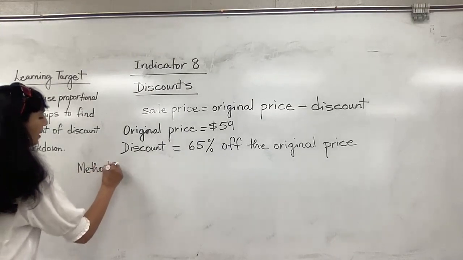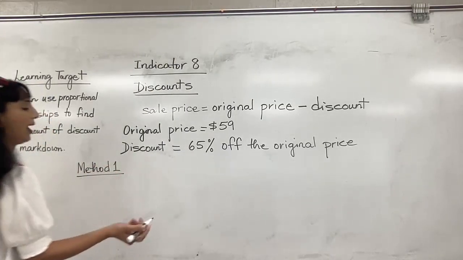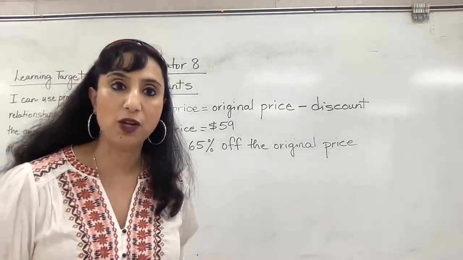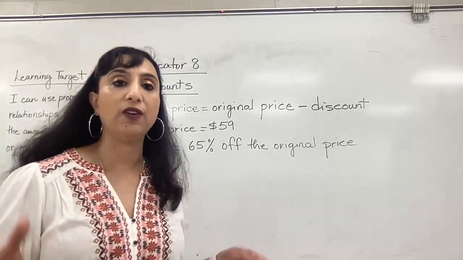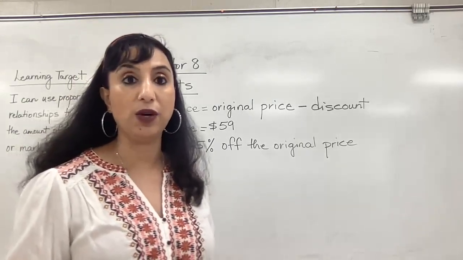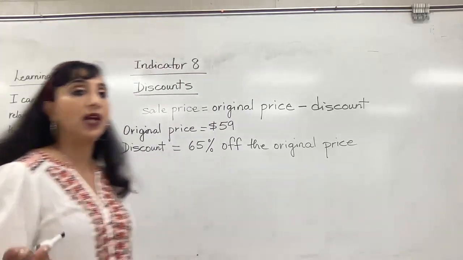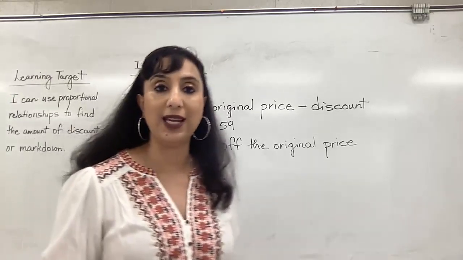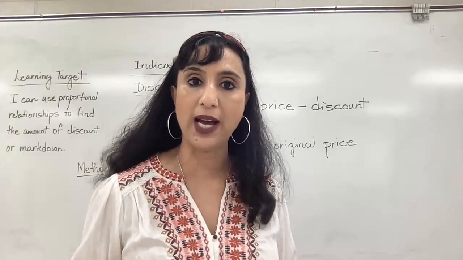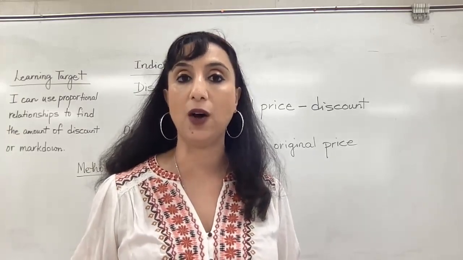Okay, so the first method, I always prefer to use the percent formula, but I'm also going to show you the equivalent ratios format, so you can pick and choose as to what works best for you. Okay, now we know the percent formula is A is equal to PW, where A is the part, P is the percent, W is the whole.